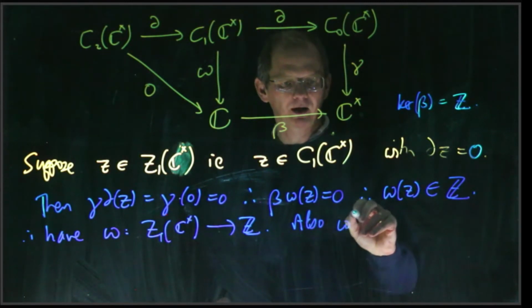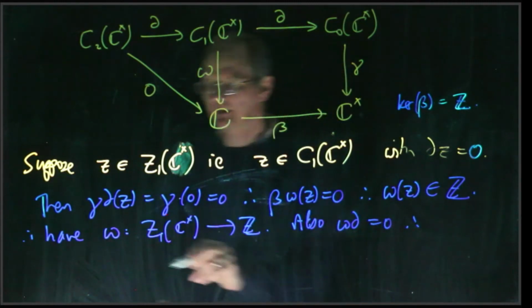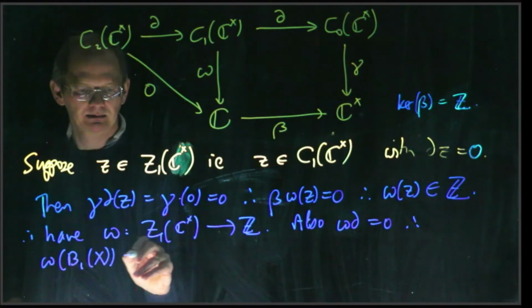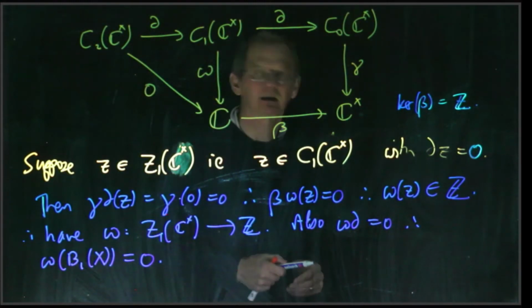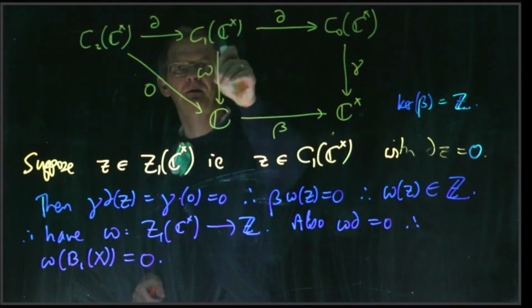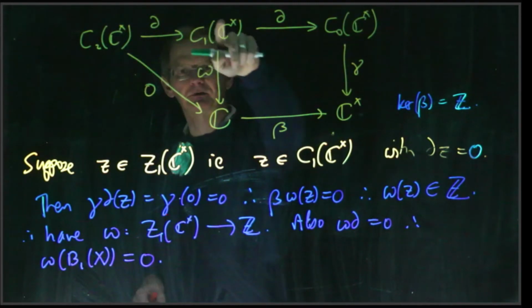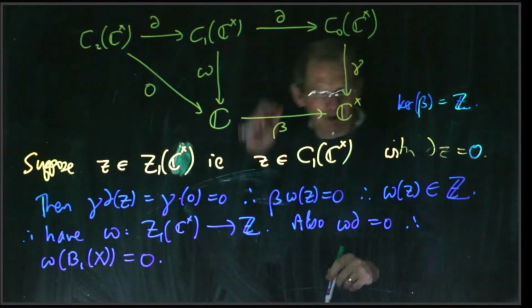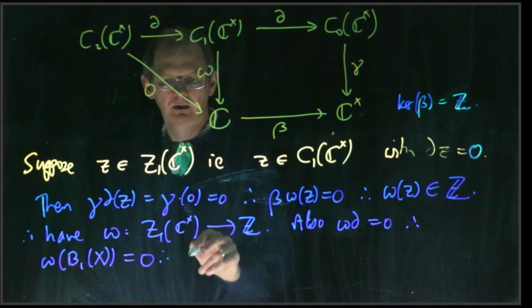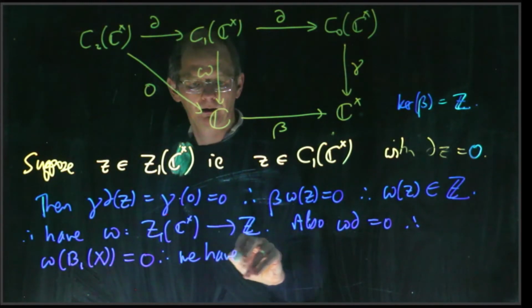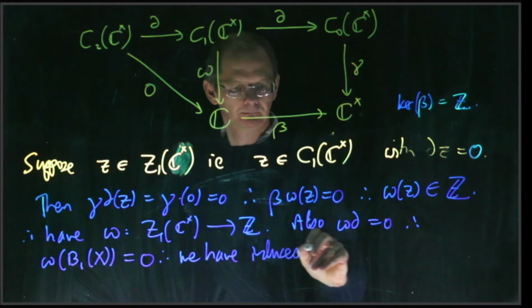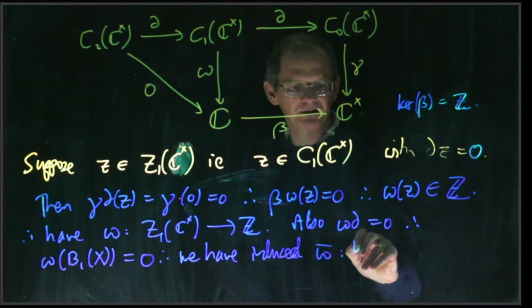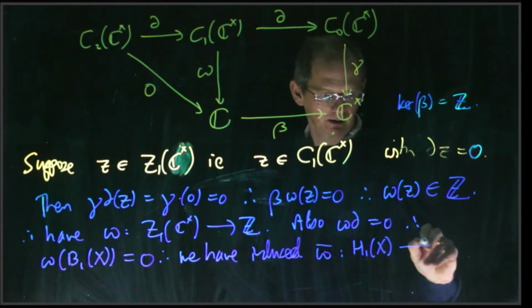But also we know that omega d is 0, and therefore omega of B1(X) is 0. B1 is the image of d, so anything in the image of d is equal to d of something. So when you apply omega to it, you just get 0 by that commutative diagram. So we've got an induced homomorphism, omega bar say, from H1(X) to the integers.